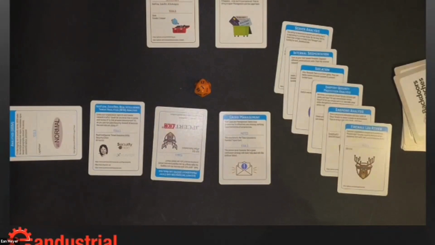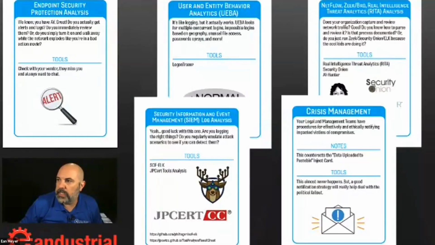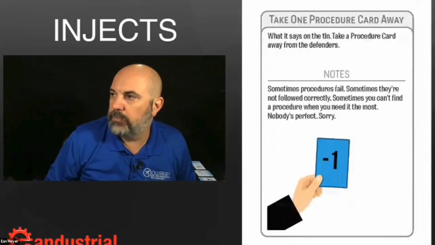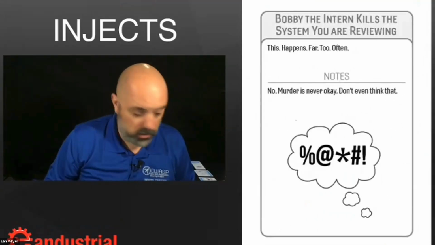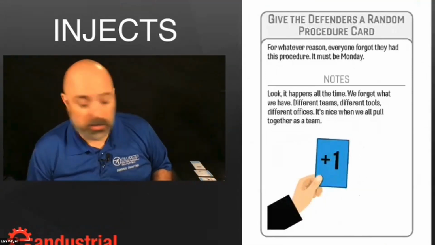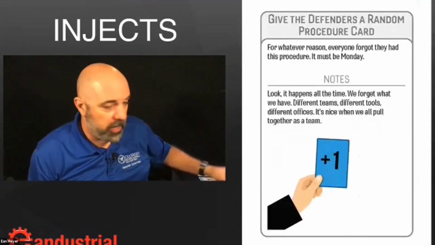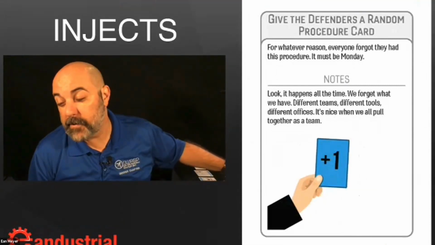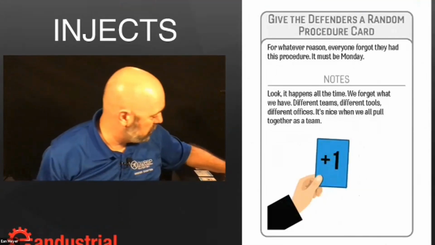So let's go into the procedure cards, and let's take a look at them. I'm sorry, the inject cards, forgive me. Inject cards: give the player a random procedure card, take one procedure card away. Give defenders a random procedure card. So out of here, I'm just going to grab a random card and give it to you. Which one do we land on?